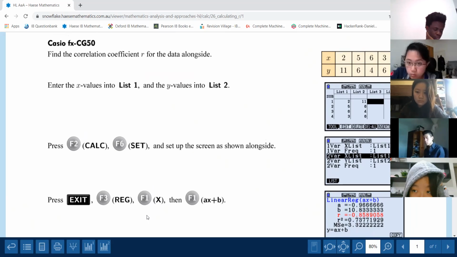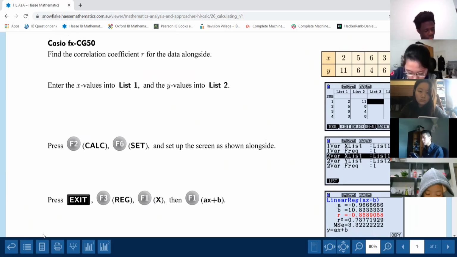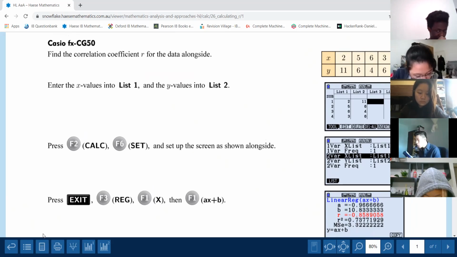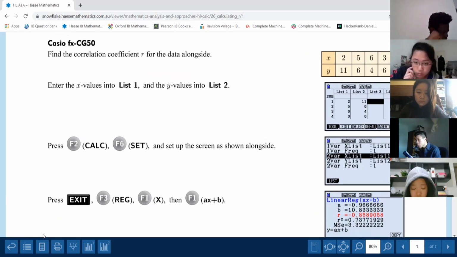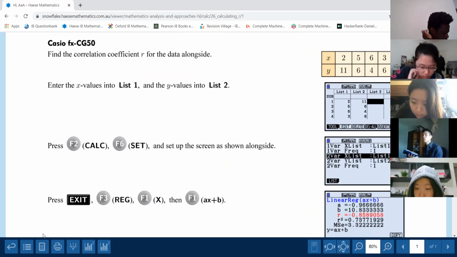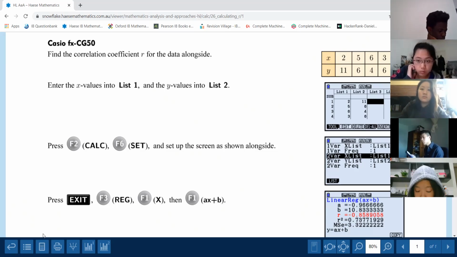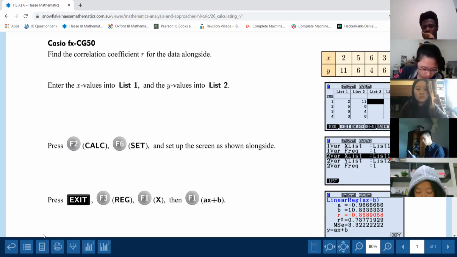I'll send a PDF format because we have a Mr. PDF on our midst. Done?